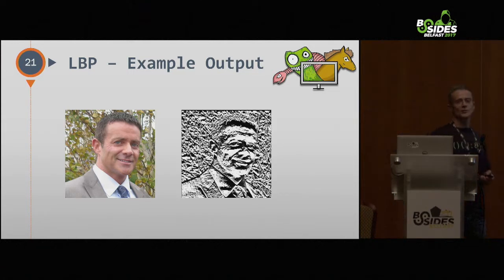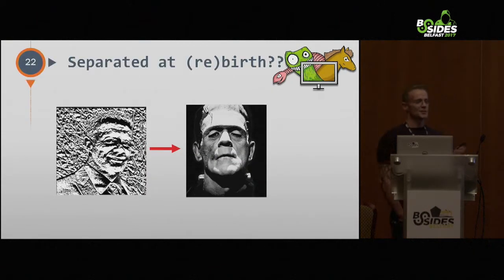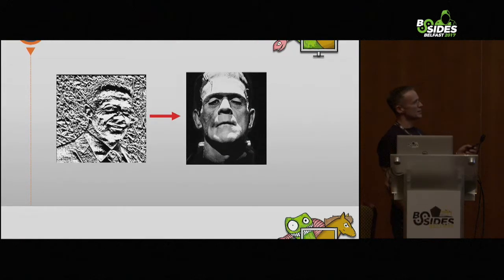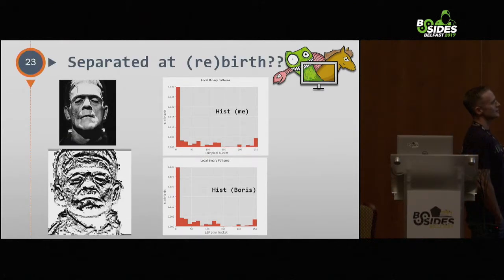If anyone's old enough to remember who that is, Boris Karloff as Frankenstein. We used to love them all, those movies. You might not really see the resemblance, but I did. So I ran Boris through the LBP as well. The image looks nothing like me through the LBP, but if you look at the histograms, they're almost identical. So it's kind of scary that I do actually look a bit like Boris Karloff as Frankenstein. Sorry, it was late when I came up with this, and I was getting giddy at that stage.